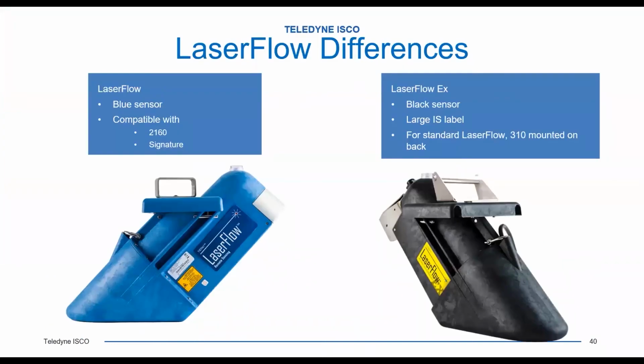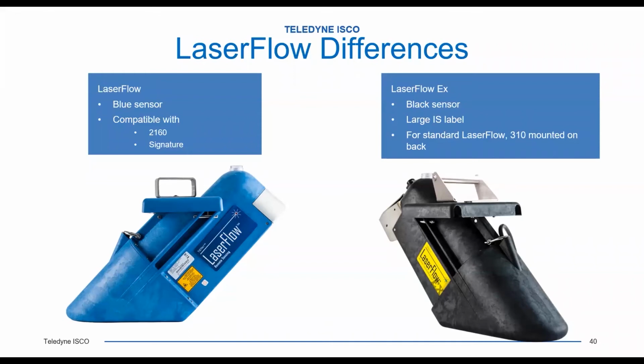So how do they differ? One thing you'll notice is that the new lasers that are not rated will be blue. We used a blue color. It's compatible with the 2160 and with the Signature. The Laser Flow EX has a black housing. It has an easily identifiable label on the side for easy viewing to know that it is truly rated.